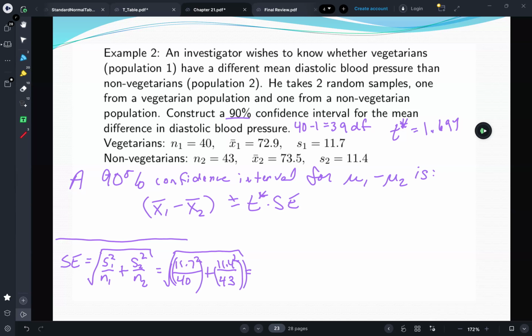So I think 11.7 squared divided by 40 plus 11.4 squared divided by 43.